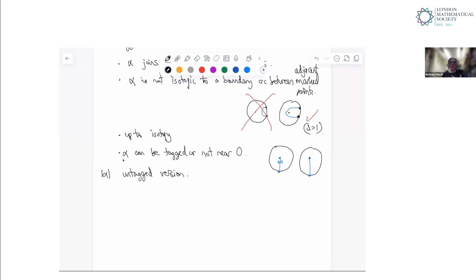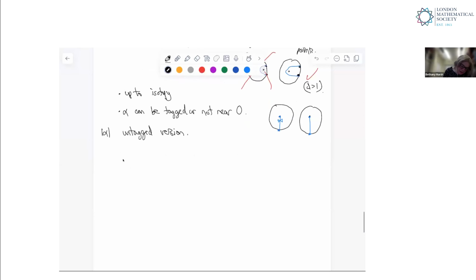And then we need to talk about triangulations. So two tagged arcs, alpha and beta, are compatible, or you could just think of it as non-crossing. So this means that their untagged versions do not cross.